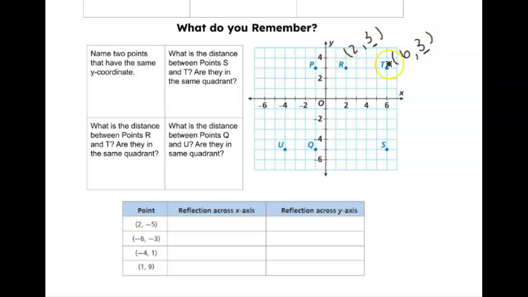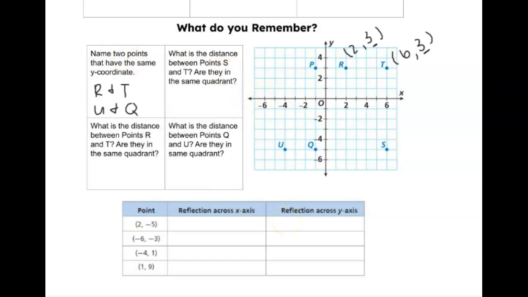Both of these have the same y coordinate. So R and T have the same y. Down here, these also have the same y, because their y is both -3. It just said we had to name 2 though, so I'm going to move on.